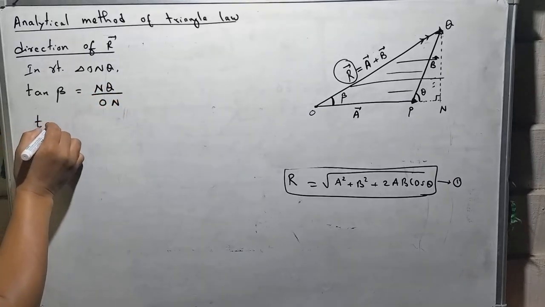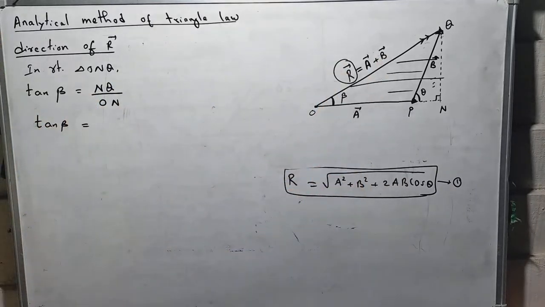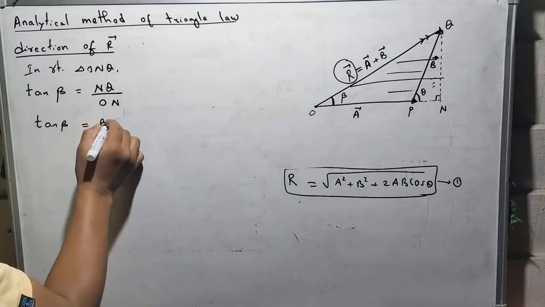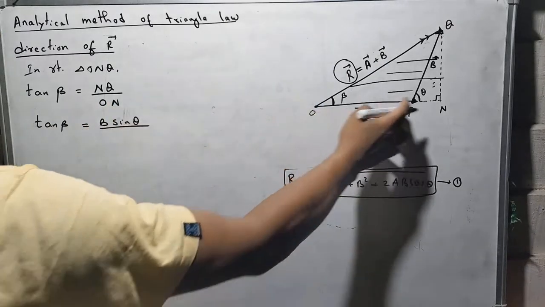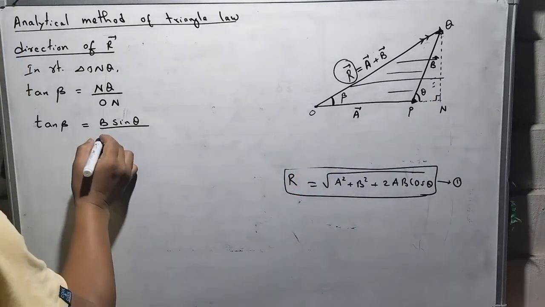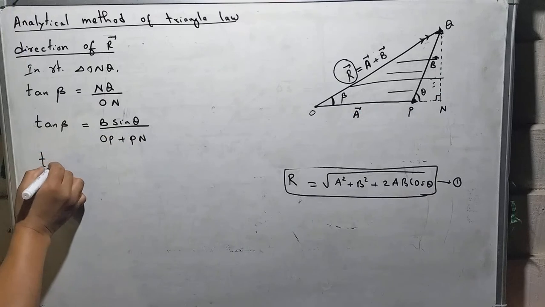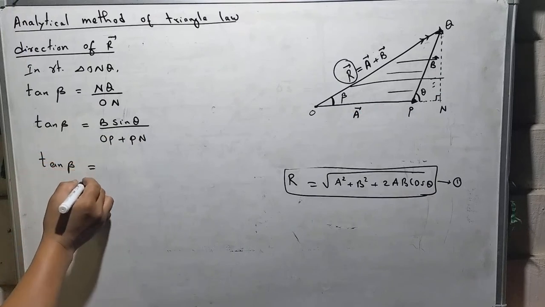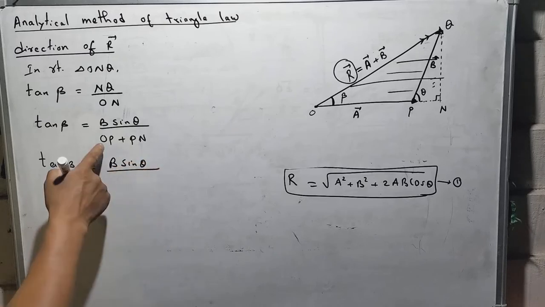Or tan beta is equal to NQ. We have seen before this NQ is equal to B sine theta. And instead of ON, I can write OP plus PN. Next, tan beta is equal to B sine theta upon OP.